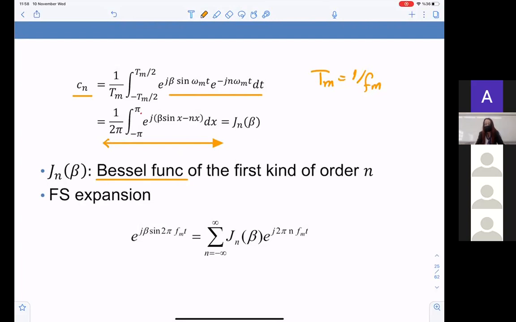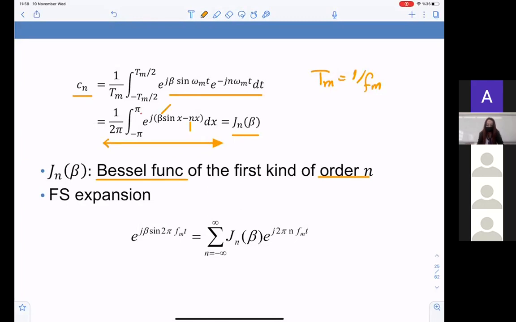It's a function that appeared in the literature before, so people gave it a name: Bessel function of the first kind. In this case, because of this n here, it is the Bessel function of order n. It also has this parameter beta, so order n with argument beta.